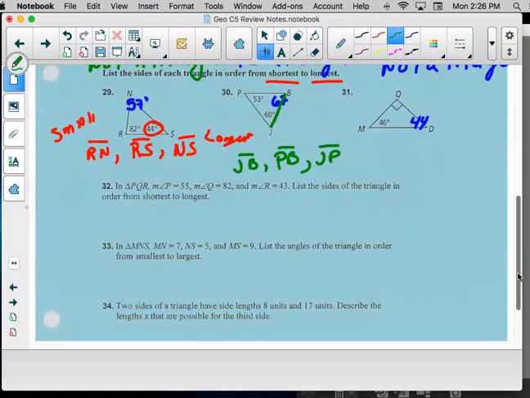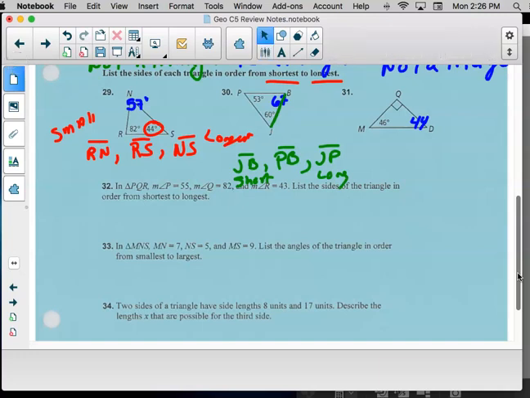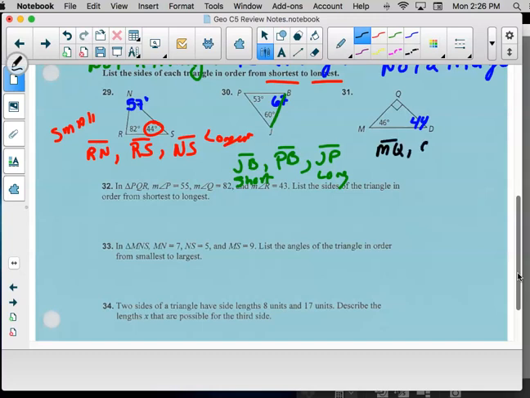So that's my order from short to long. Okay, and in 31, I have 44 is opposite MQ. Then I have QD, and then I have MD. Short to long based on the values here. This is 44, that's 46, that's 90.